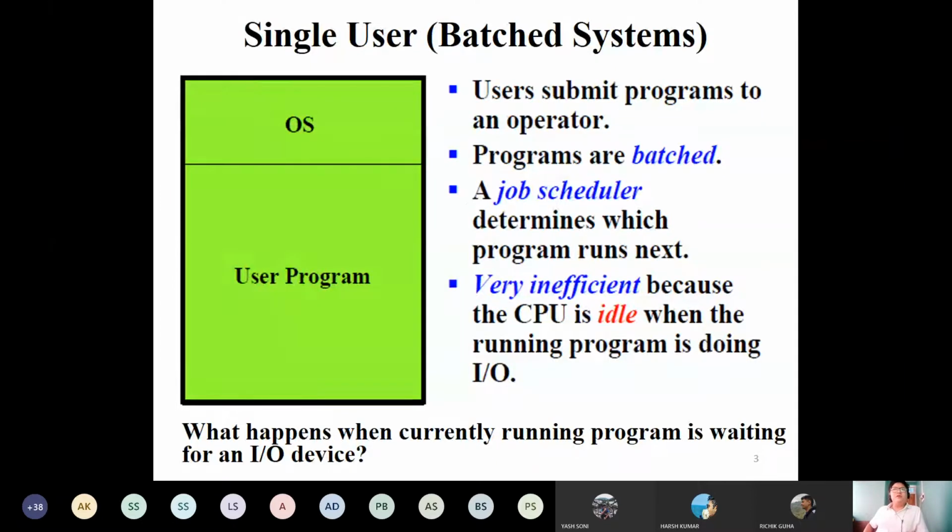That grouped batch was given to the executor or the operator. Then the operator used to execute the programs batch by batch. So in a batch, based on the need of the resource, the programs were grouped together and executed at once. How did they execute?